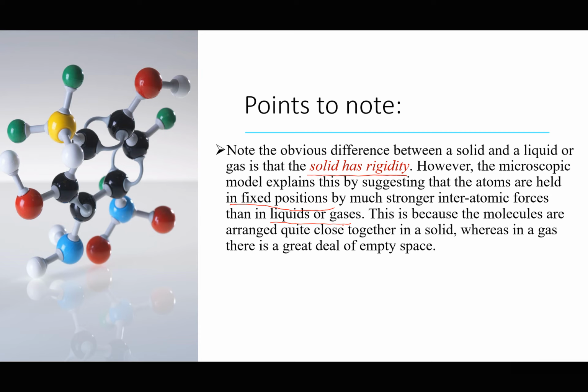They are arranged in regular patterns that we call the lattice. This is because the molecules are arranged quite close together in a solid, whereas in gases and perhaps liquids, there is a great deal of empty space.